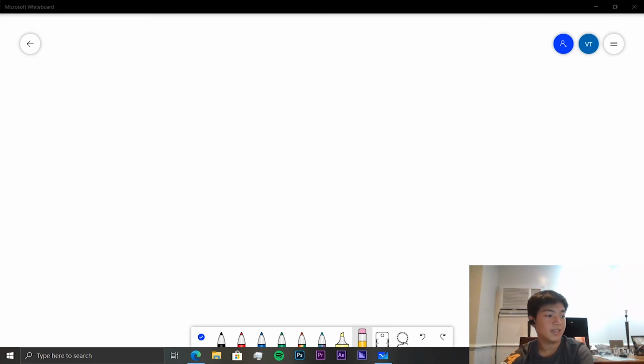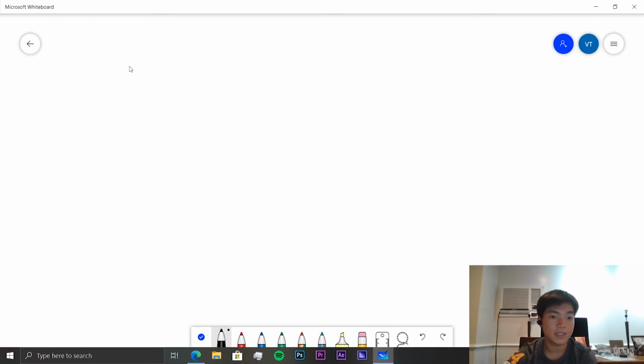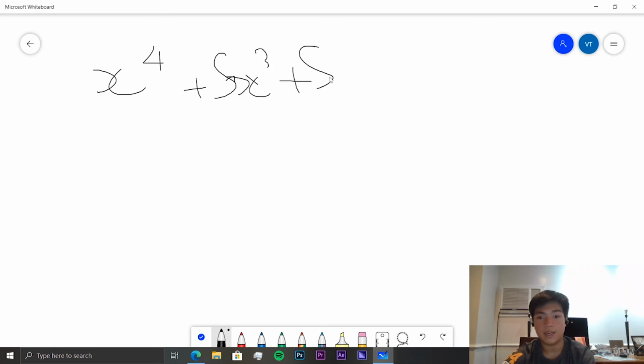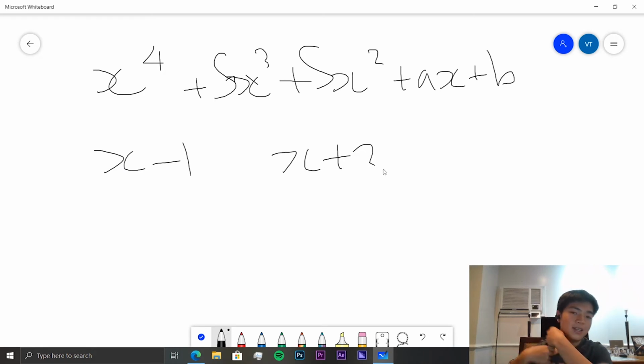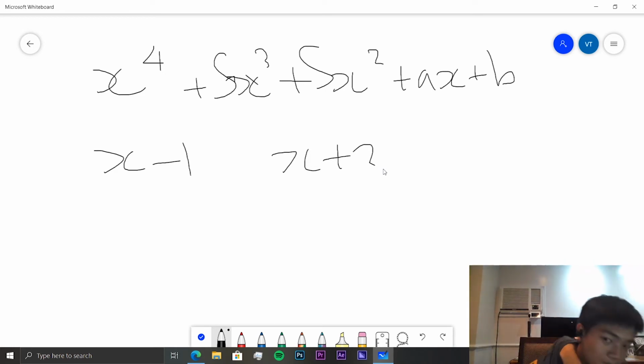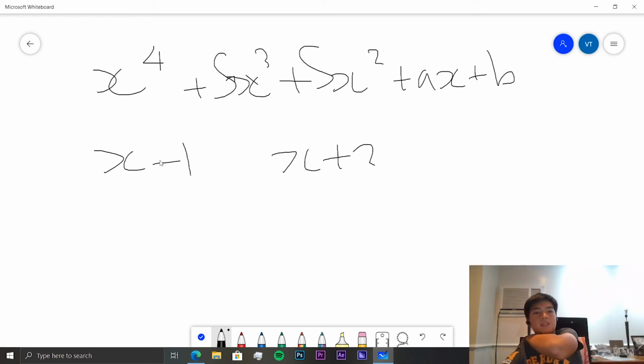So the next problem is we have f of x is equal to x to the 4 plus 5x cubed plus 5x squared plus ax plus b, and it's divisible by x minus 1 and by x plus 2. Actually, I just thought of a better way to do this entire thing, other than merely dividing it. If you remember, if these two factors are divisible, then if we input 1 and negative 2 into this, they should output 0.